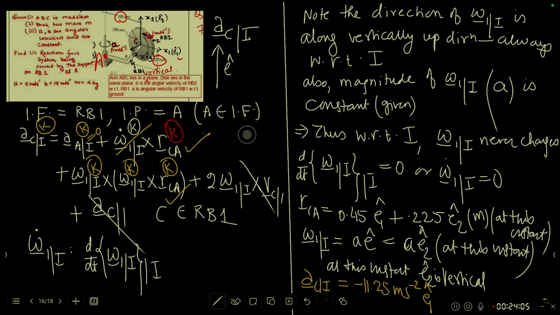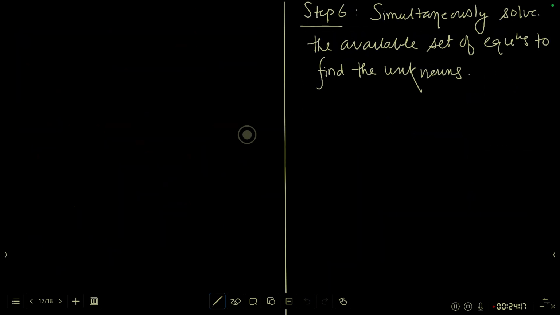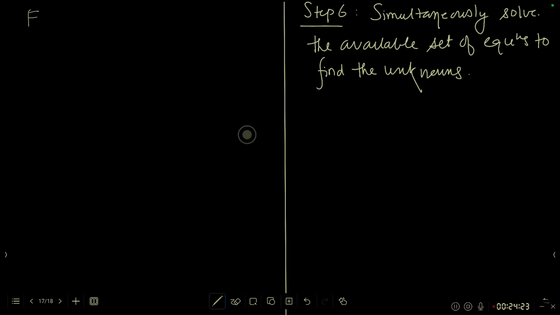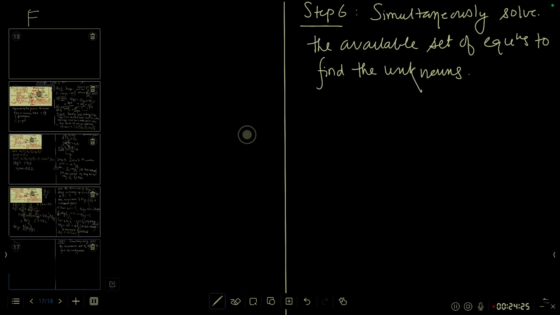So going back to Euler's first axiom, I have FR minus mg2 is MACI.